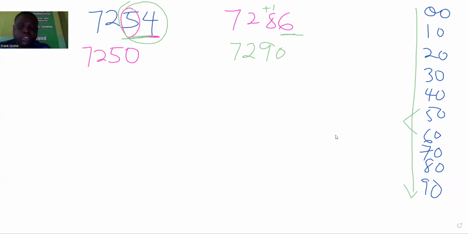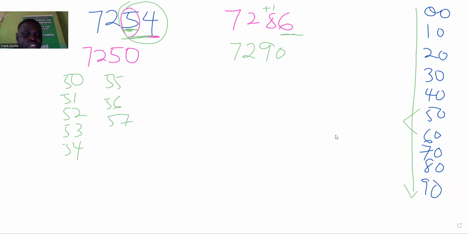So we look at between 50 and 60. What is the tens digit? The tens digit is 5. What unit digits can we get under 5? We have 50, 51, 52, 53, 54, 55, 56, 57, 58, and 59.